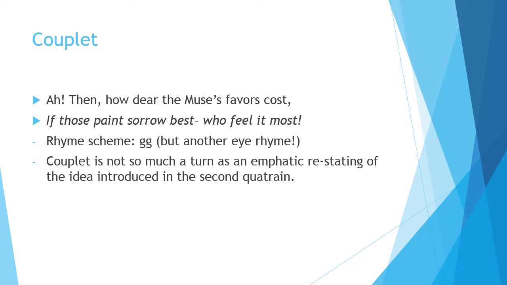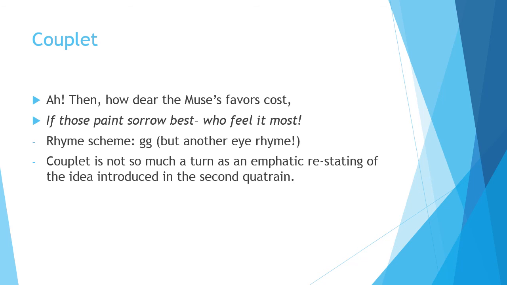And then finally, the couplet. "Ah, then how dear the muse's favors cost, if those paint sorrow best who feel it most." Again, another eye rhyme, cost and most. And again, we might expect a kind of turn here, but it's not so much of a turn as an emphatic restating of the idea that was introduced in line 5.